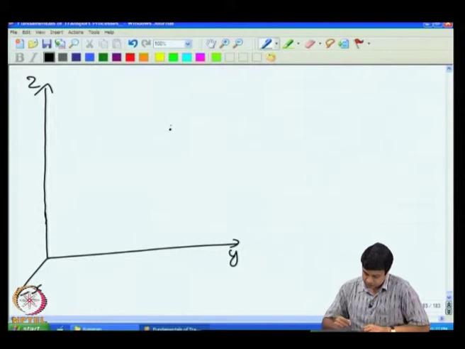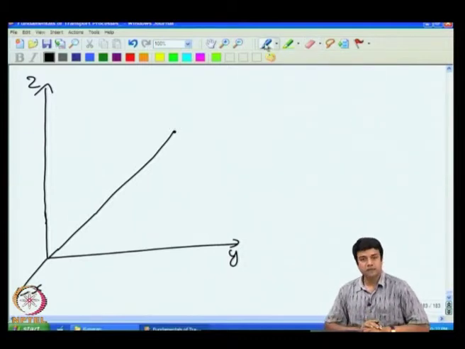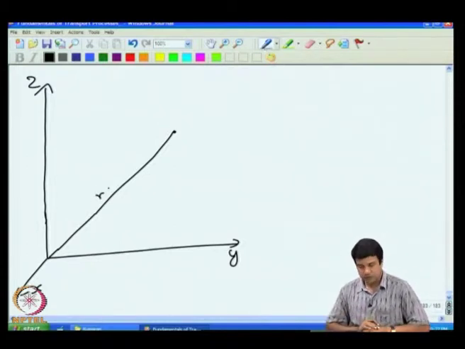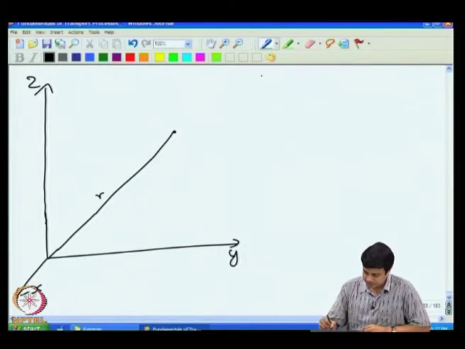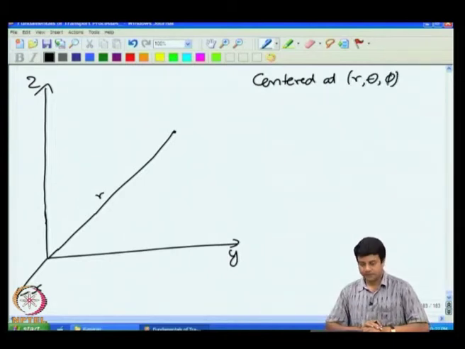So, I have a location here at which I want to construct a differential volume for carrying out my balance equations. This total distance is r. Now, my differential volume is centered at the location r, theta and phi.